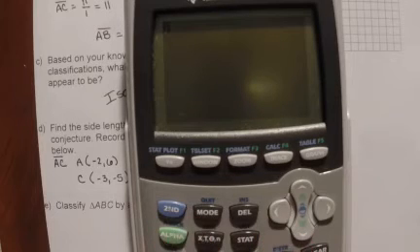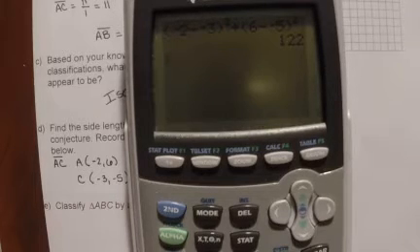I'm just going to do the inside first. So parentheses, -2 minus -3, close parentheses, squared. Then plus parentheses, 6 minus -5, close parentheses, squared. And when I hit enter, I get 122.